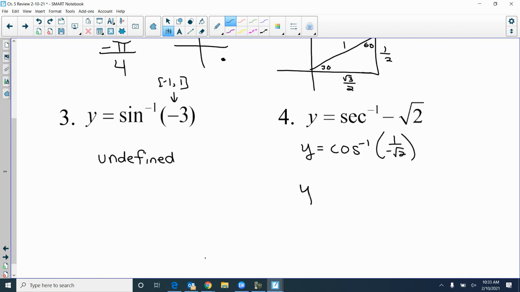Simplify that, and you're going to get inverse cosine of negative square root of 2 over 2. All right, think about that one. That does have an answer. Think where it would be and what it would be.